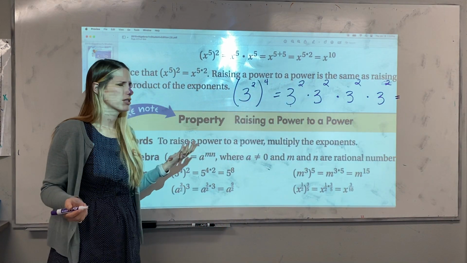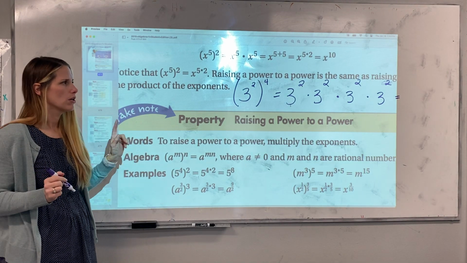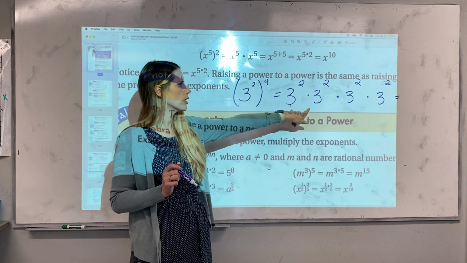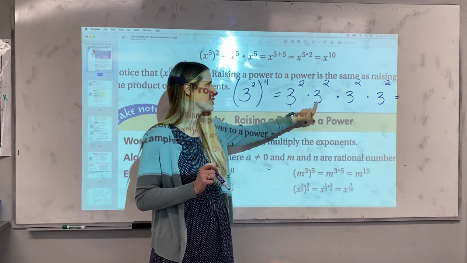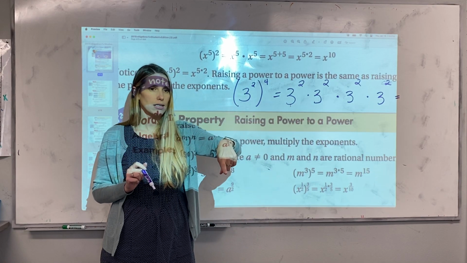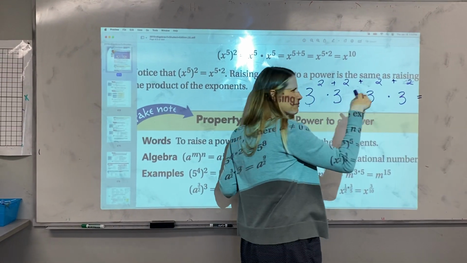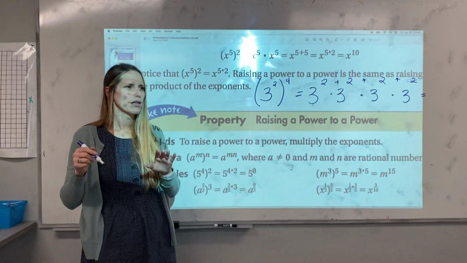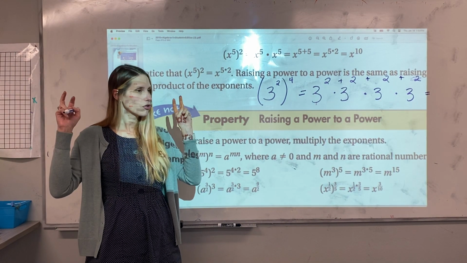Or you could say, I actually know a trick. We already learned a trick for when the bases are the same and they're being multiplied. What do we do with the exponents? You add them up. So it would be 2 plus 2 plus 2 plus 2. How many times are we adding them? 4 times, which brings us to the trick.